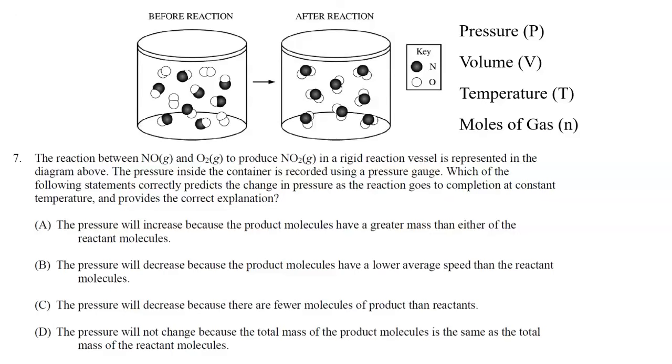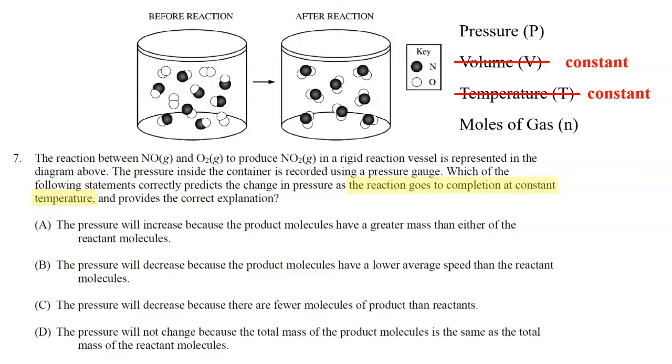Well, the question says the reaction goes to completion at constant temperature, so temperature is not changing. It also mentions that the reaction takes place in a rigid reaction vessel, which means the volume is not changing. So it comes down to pressure and number of moles of gas.